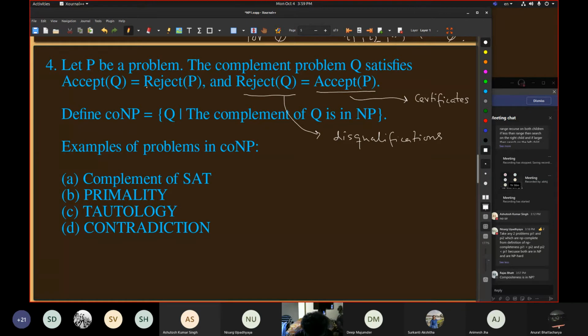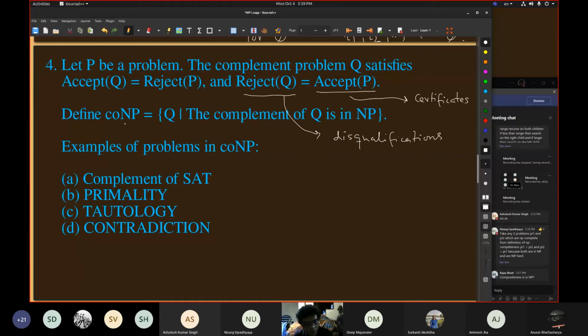Now, Q is the complement problem. Reject P does not necessarily have some kind of easy arguments, and therefore the instances in accept Q need not have easy ways of establishing that these instances are in accept Q. But if some problem is in NP, it has certificates, and these certificates behave like succinct disqualifications.